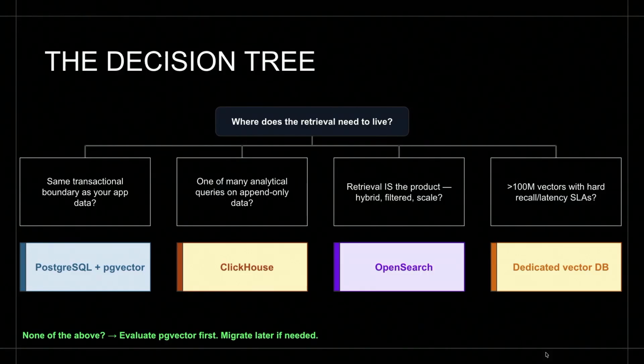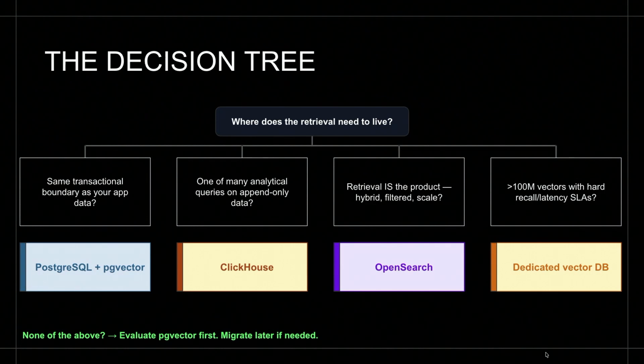So the decision tree: where does the retrieval need to live? If you want it in the same transactional boundary, or in the same transactional database as your app data, then go for PostgreSQL and PG Vector. Or if you want it to reside alongside many analytical queries on a columnar storage, go for ClickHouse.